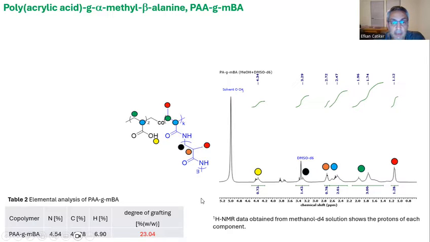And after elemental analysis, we determined the nitrogen percentage. The grafting of methyl beta-alanine is higher than beta-alanine, as shown. It's 23% by mass, consistent with the FTIR results.